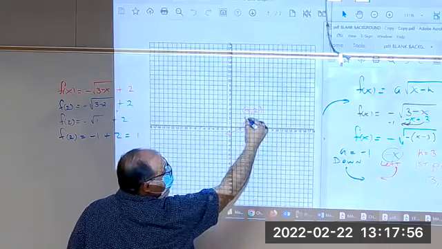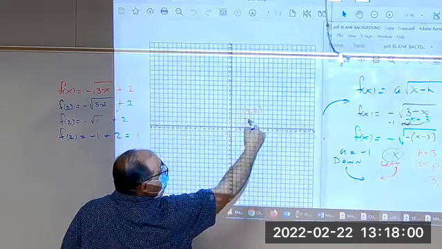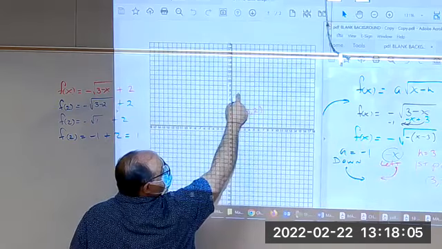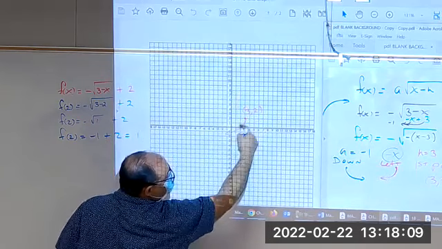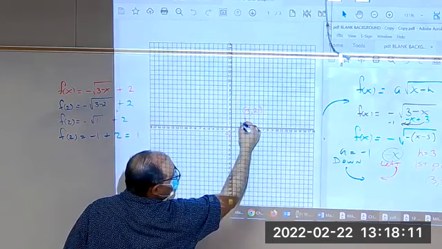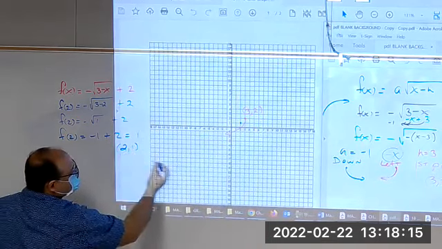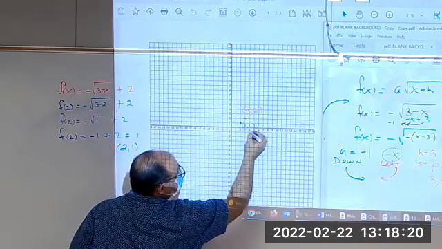It's supposed to start here and go 1 to the left or go down to the left. When I plugged in 2, I better not get something up here. It's got to be down below going to the left. And I got 2 goes in, 1 come out. 2, 1. So now I know it's going to go through that point.